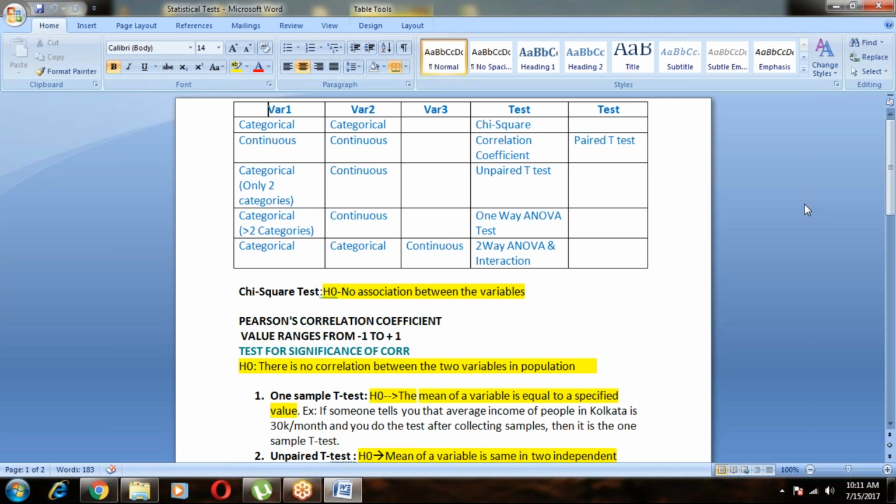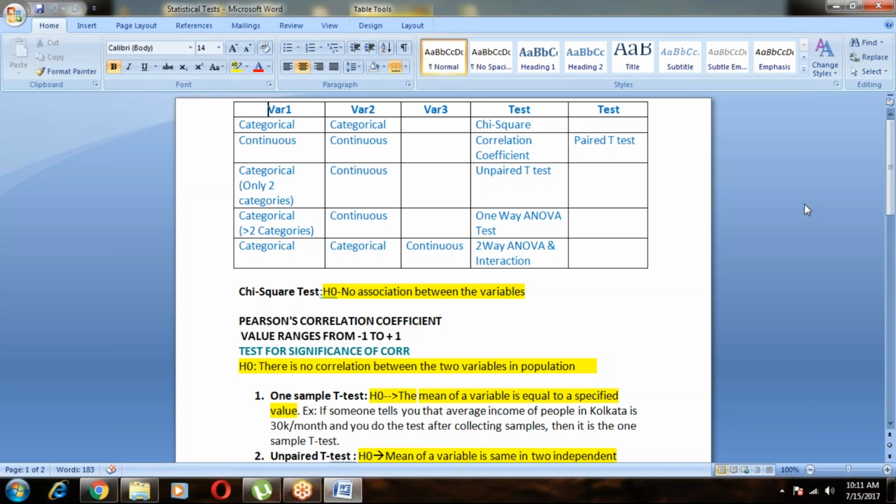Suppose I want to know whether there is any relationship between region and gender. Region-wise, is there any disparity in the proportion of male and female? I need to find the relationship between region and gender.